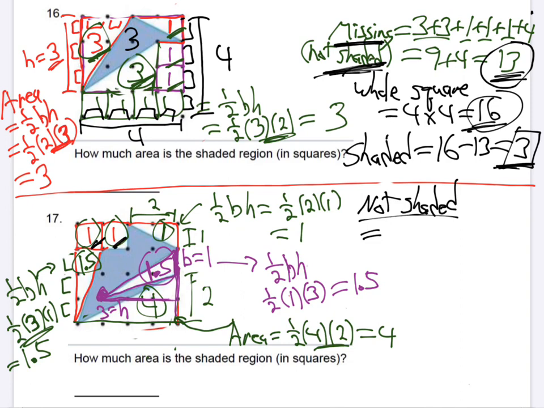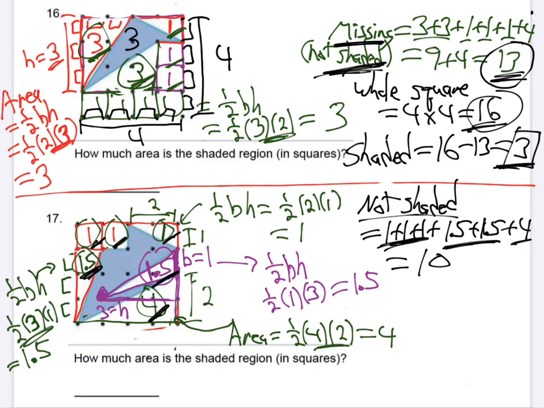We've got 1, 1, 1, 1.5, 1.5, 4. 1.5 and 1.5 is 3. 3 and 3 is 6. And 4 is 10. Not shaded is 10.